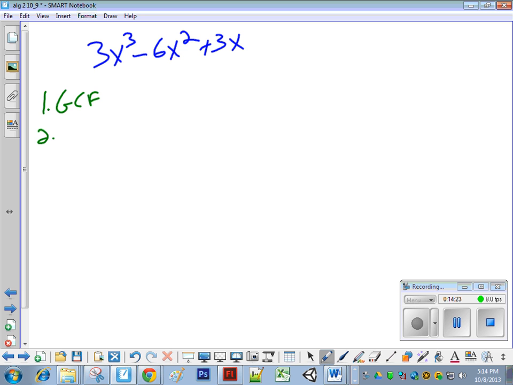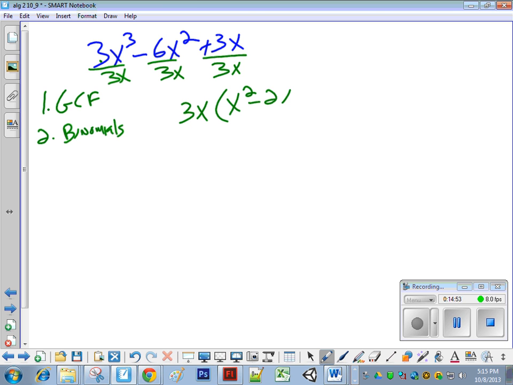The second thing is we want to see if we can do the diamond or the binomials. So I see I have 3 that can divide out of all 3 of these. I also notice I have x to the 1 power, 2 power, 3 power, so greatest common factor is actually 3x. So my first factoring is 3x times x squared minus 2x. Now 3x divided by 3x, there's some confusion with that. That's the same number, it's not 0, it's going to be 1.